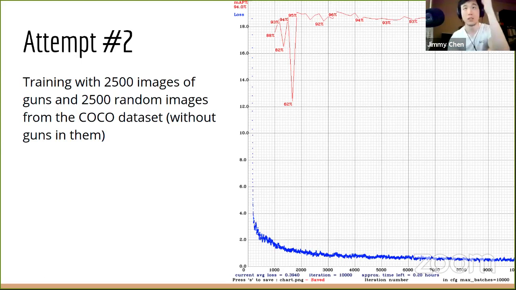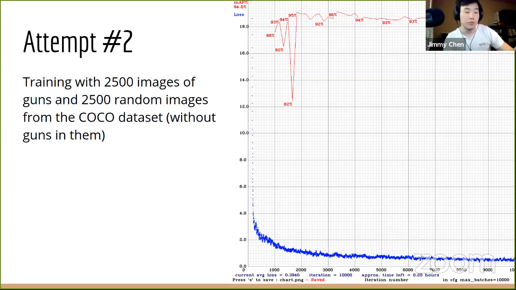And from this, you can see that our mean average precision went up to a max of about 96%. This was, however, still on a test data set that only contained guns. So it doesn't provide us a full picture.